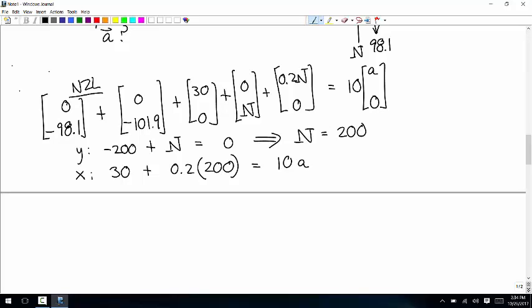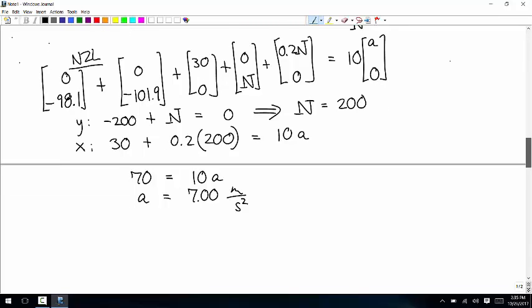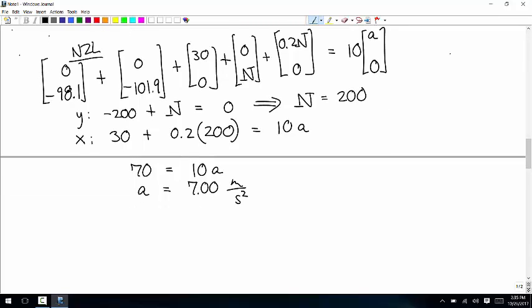I guess there wasn't really any super big benefit to having that equal 200. So 30 plus 40, we get 70 is equal to 10a. So a is equal to 7 meters per second squared. Plug that back into the acceleration vector, and the acceleration vector is (7, 0) meters per second squared.